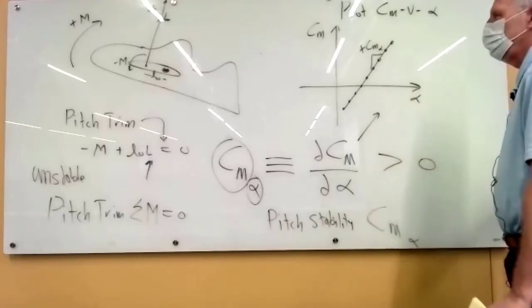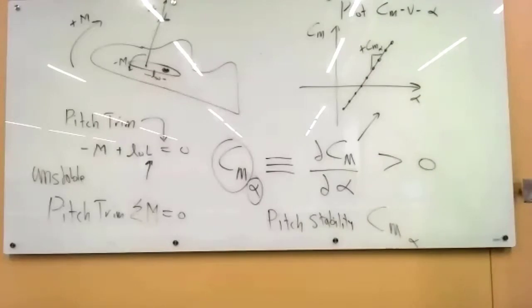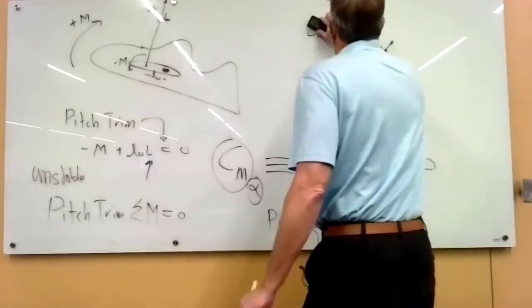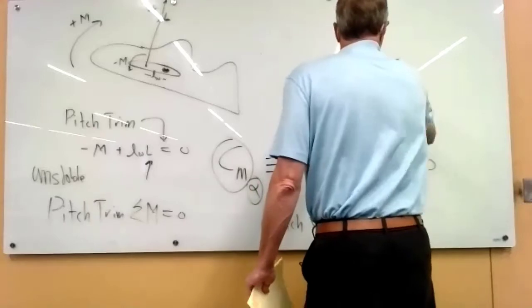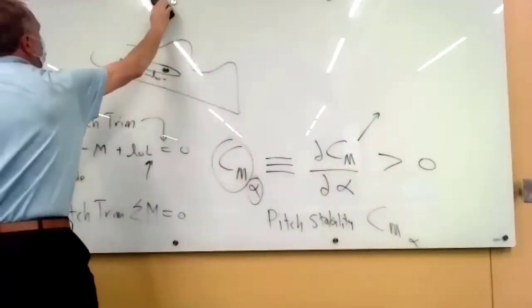So let me show you an example of how we can fix this airplane up. Does everybody see what's missing? What's on a normal airplane? The tail in the back. And so I'll show you why that helps. We need to redraw this picture.